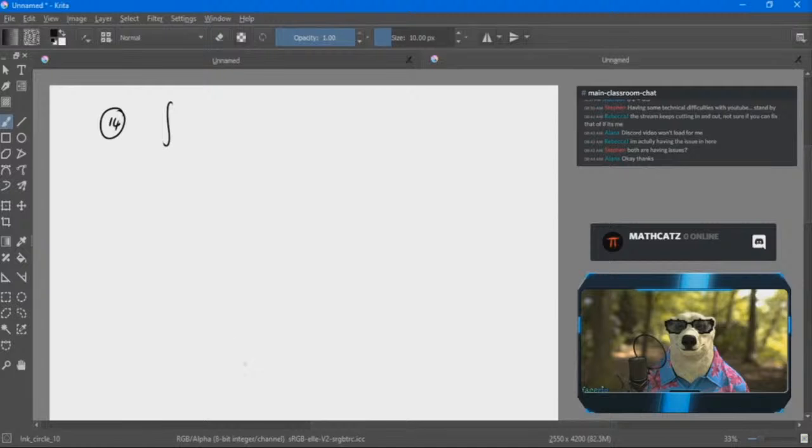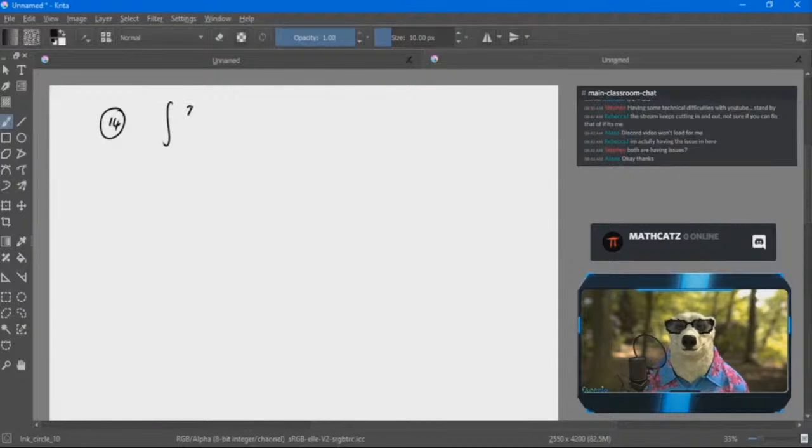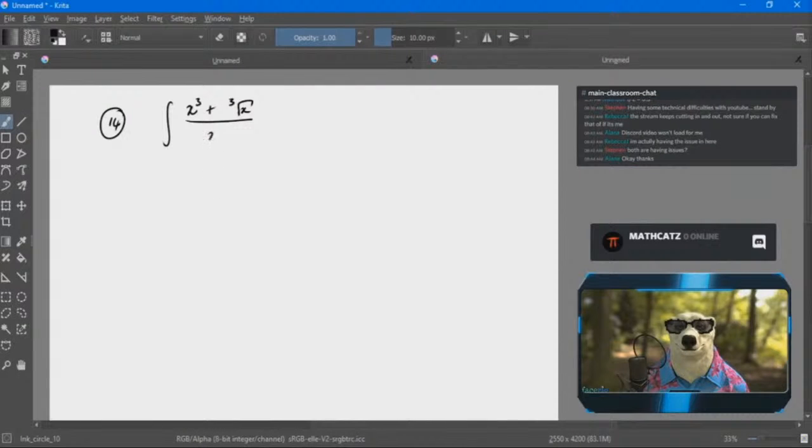I'm looking at the indefinite integral, so I know antiderivatives. x cubed plus cube root of x over x squared. And my variable is x. So my integral sign and my dx wrap the given function.